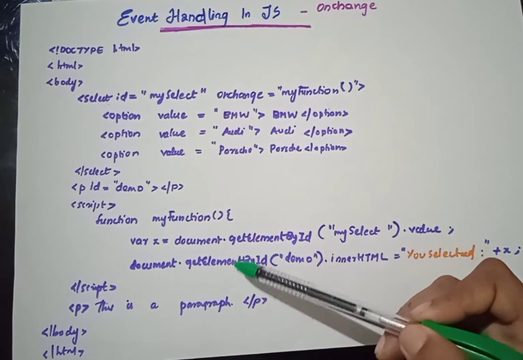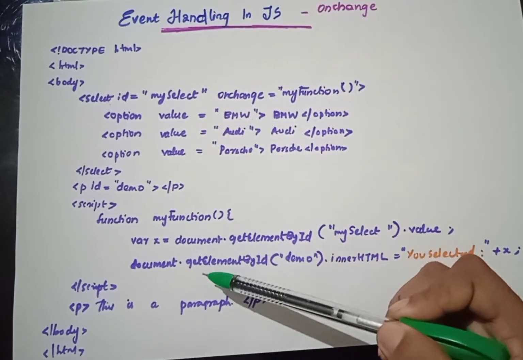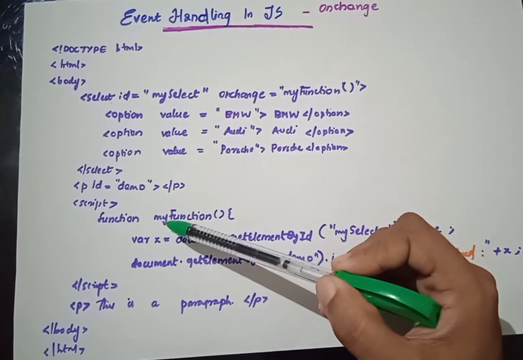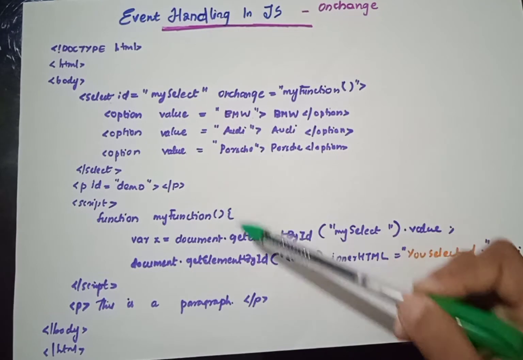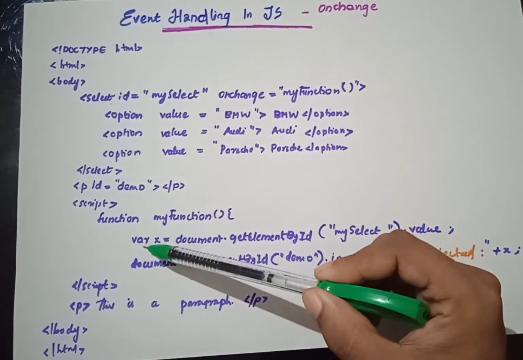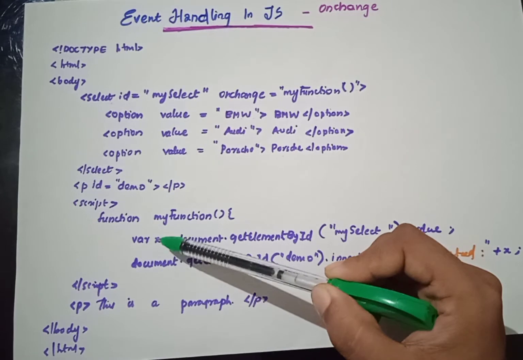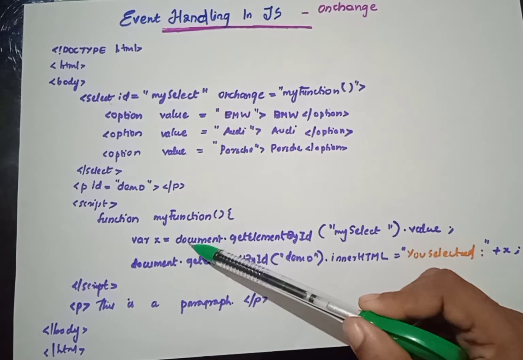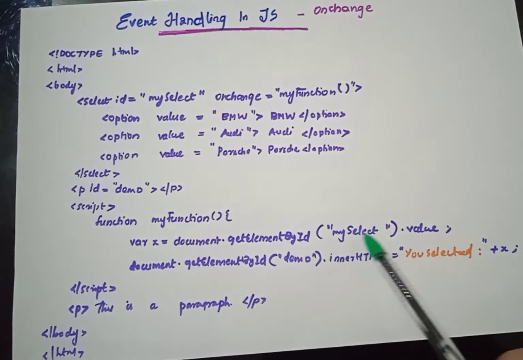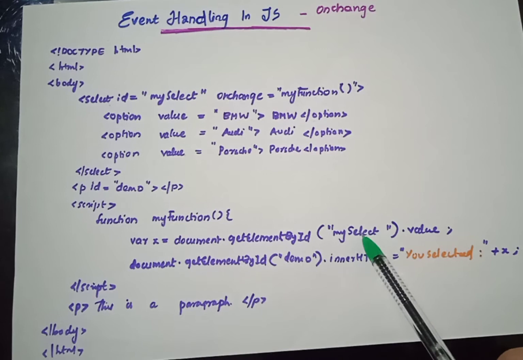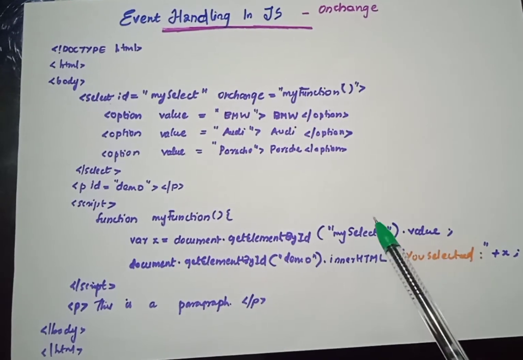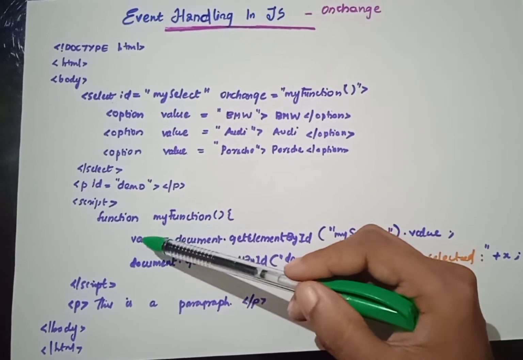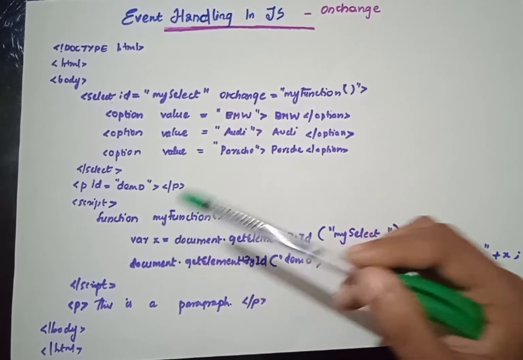Here we are going to define our JavaScript portion or event handling. Let's see. We defined a function using the function name my function. Inside you can see x, that means a variable is declared with the name x, and it is assigned document.getElementById my select. So the element having the id my select is saved to this variable x.